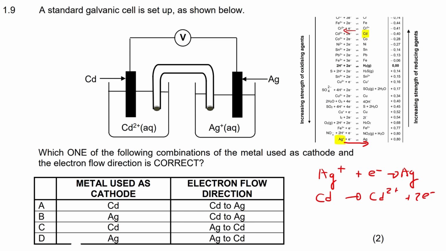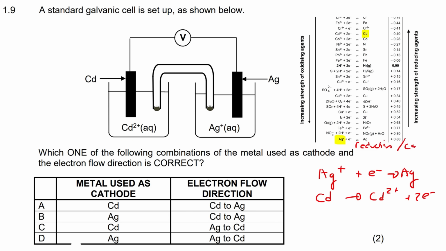So I've reversed this one around when I wrote it down over here, because you can't tell your teacher it's going to go like this. We're not from some random country where we write from right to left. You got to write from left to right. Okay. So you got to start the reaction like that. Okay. So these are the two reactions that are going to take place. You need to understand that when it goes from left to right like that, that is reduction.